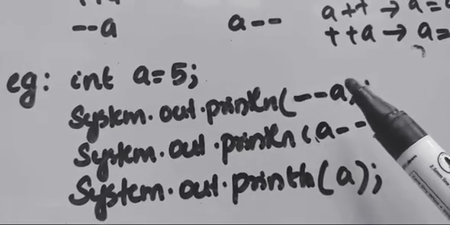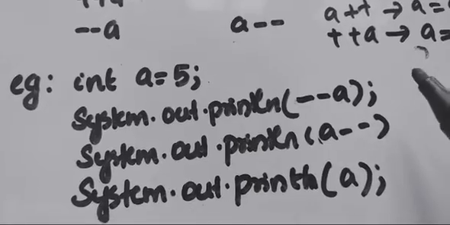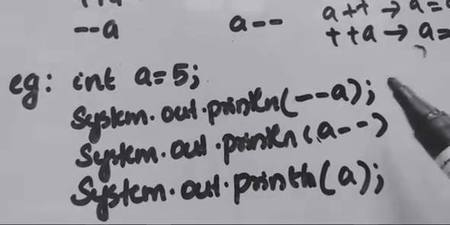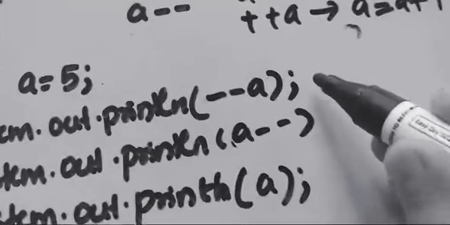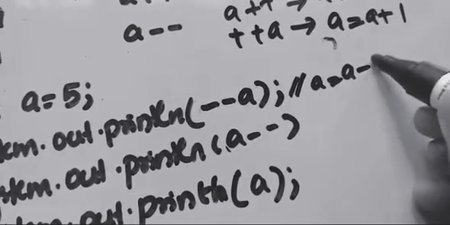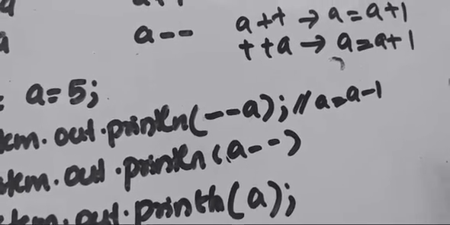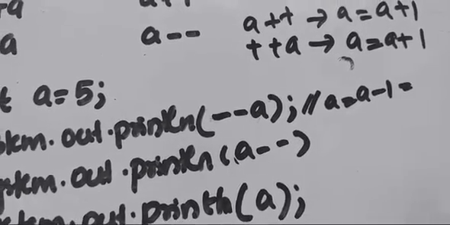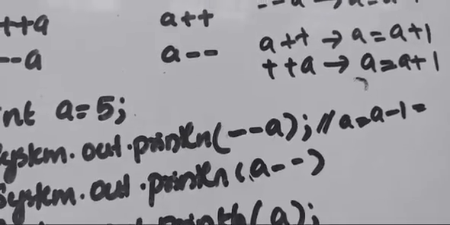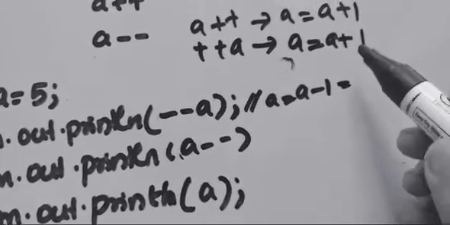So what is the rule? Pre, that is first decrement, then use. So here the meaning of --a is a = a - 1. The value of a will be reduced by 1. So here since it is pre-decrement, what happens?